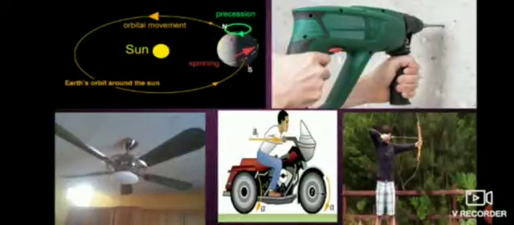Next, the motion of the wheels of an object. Here the wheels have both translatory motion and rotatory motion. The last example is the motion of an arrow from a bow. Here the arrow has only translatory motion, as it is moving only in a straight path.